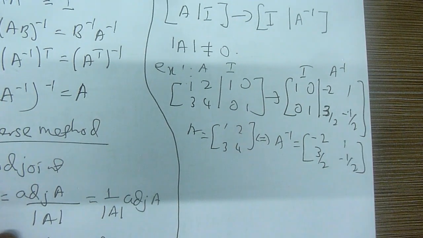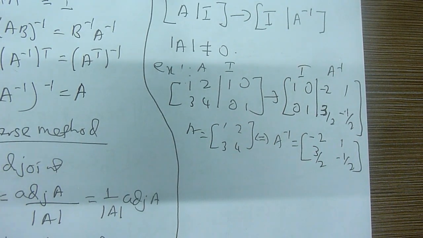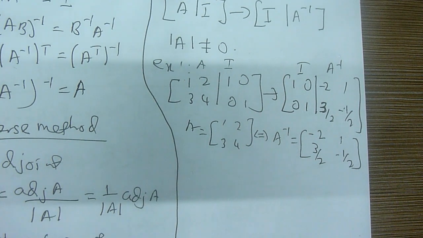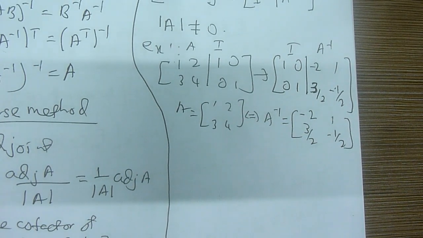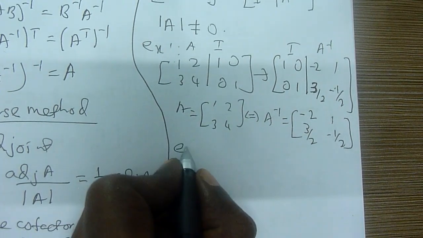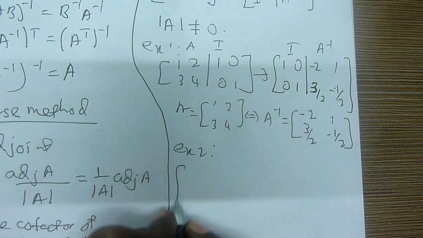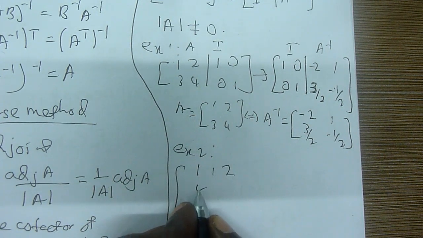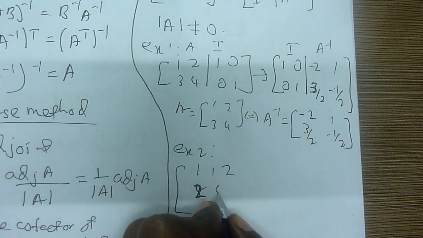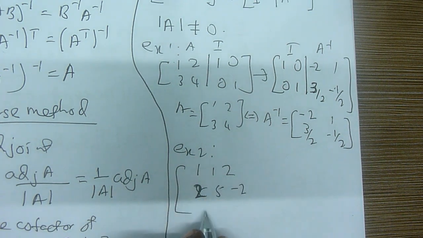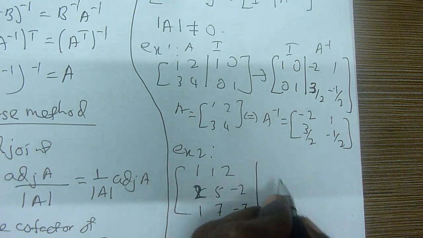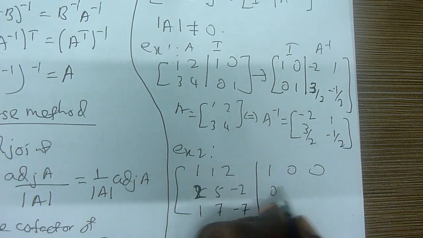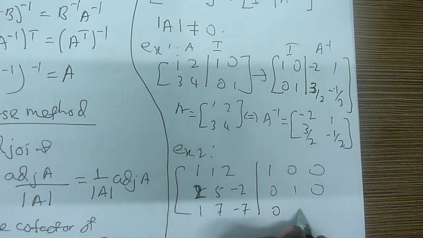Similarly, you can go for the 3 by 3. You must take this as an exercise, but I'll give you a very fast clue to work on this. The matrix is 1 1 2, 2 2 5, negative 2 1 7 negative 7, with the identity 1 0 0, 0 1 0, 0 0 1.